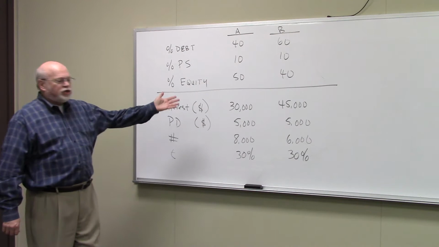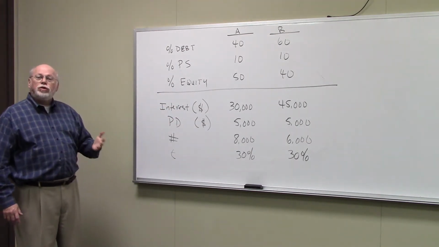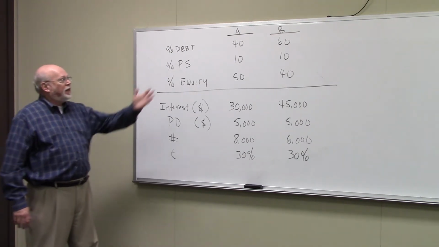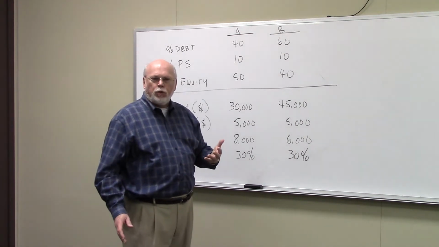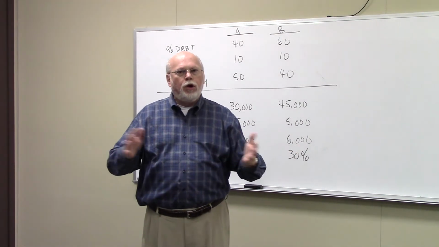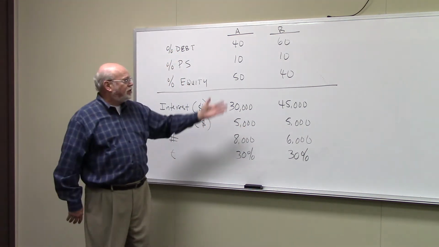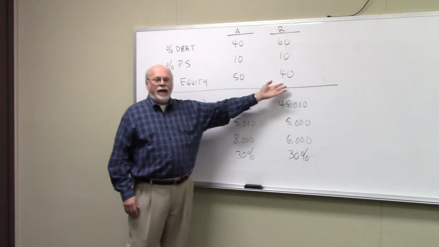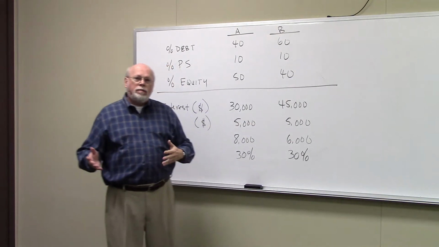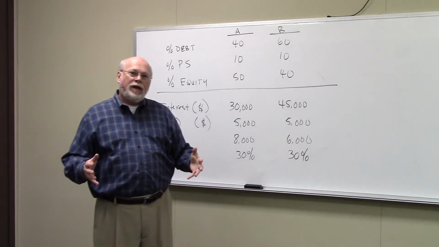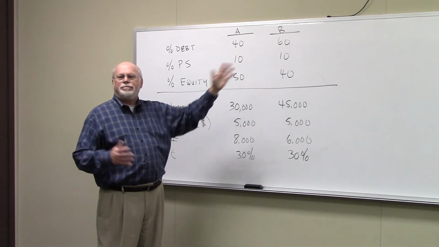Now, here's the problem that we're going to work in the next few videos. These are two competing capital structures, A and B. You could look at this as, we're starting a company and we want to know which capital structure to use, or maybe you're actually using capital structure A and you think about moving to capital structure B, or you already have a capital structure and you're wondering whether you should increase your debt to 40% or 60%.